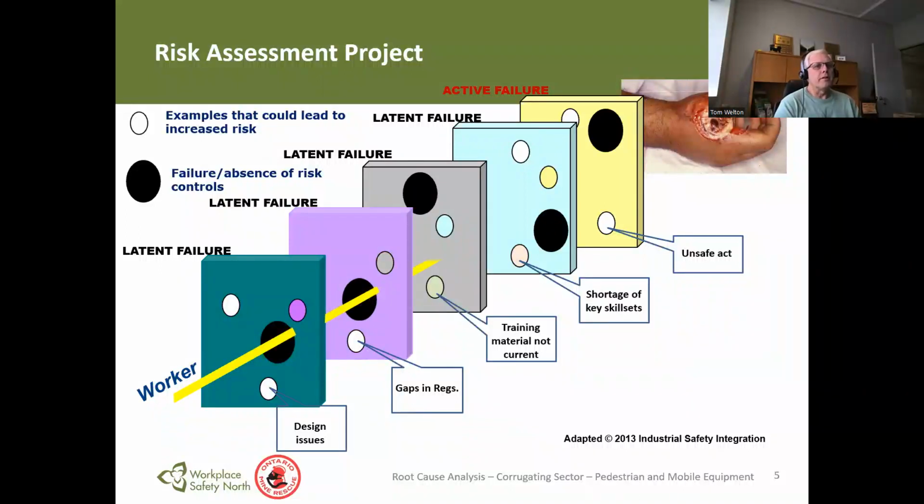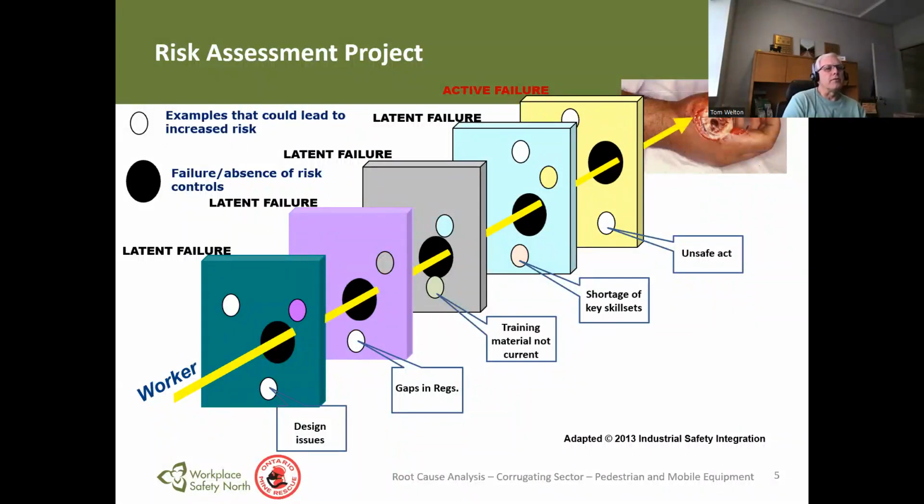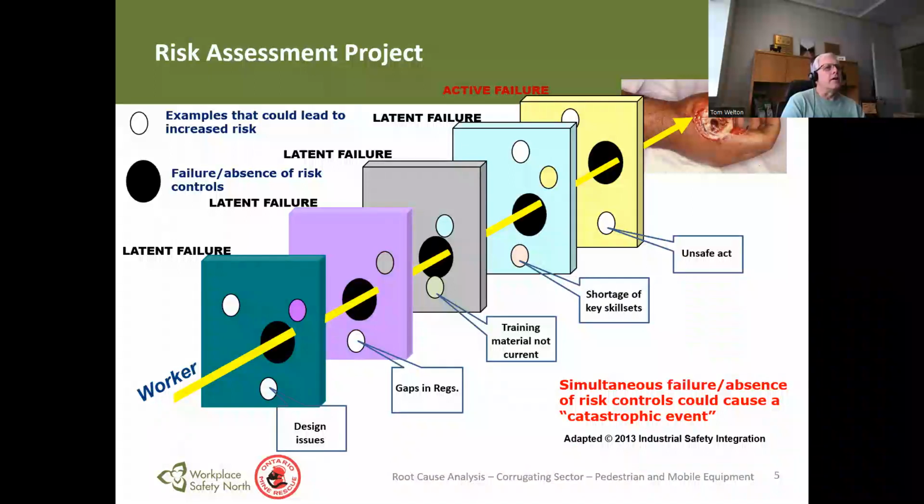This particular diagram is a diagram showing a risk assessment process that we follow, or the Swiss cheese model of accident causation, or the James Reason model. It focuses very specifically on understanding that employers have put together a number of controls, and each of these blocks represents current controls in place in a workplace.